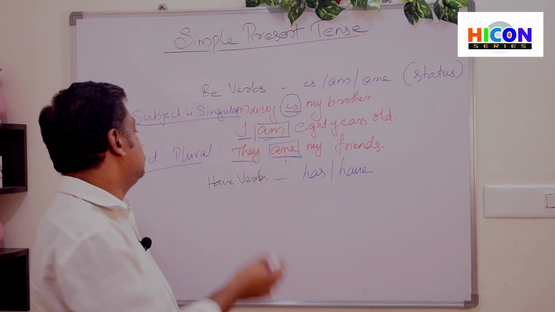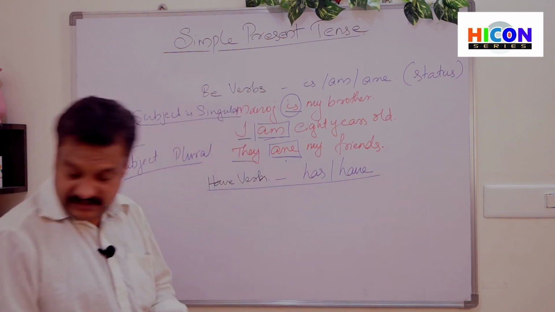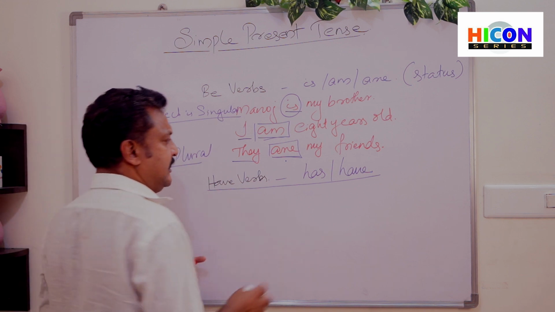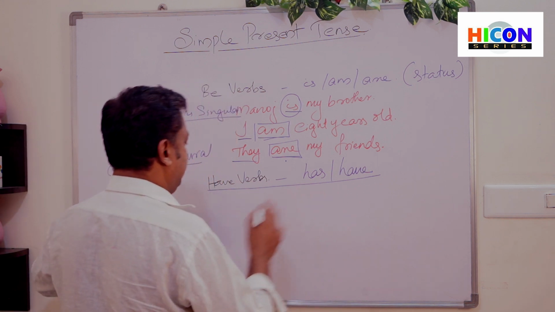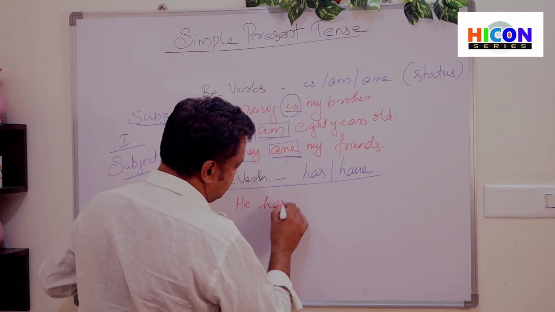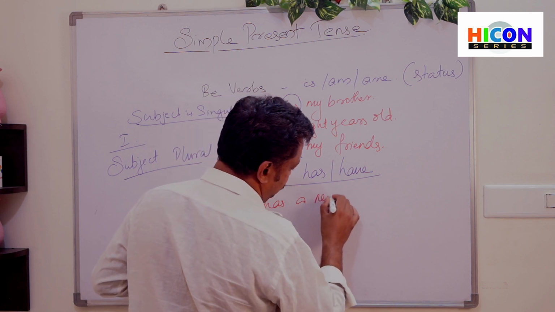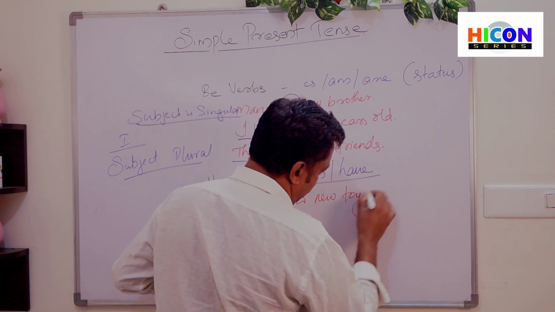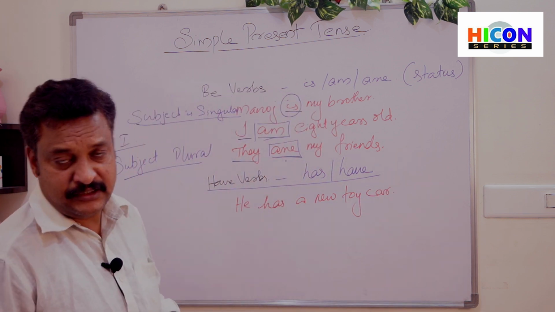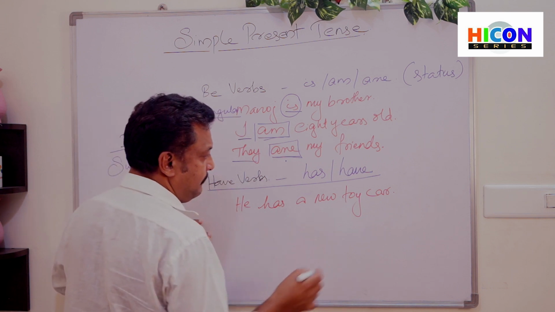Right? Now, we will go on to the have verbs. We have two there, has and have. I'll write two examples. Okay. He has a new toy car. He has a new toy car.